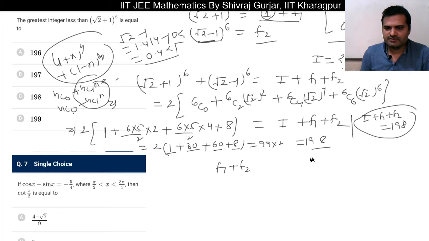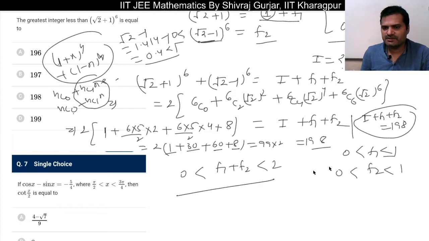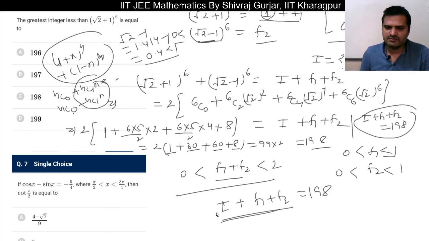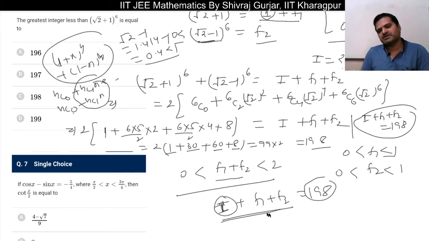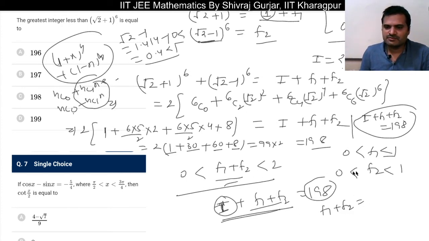We know that f1 is between 0 and 1 and f2 is also between 0 and 1. So f1 plus f2 will lie between 0 and 2. From here we can say I plus f1 plus f2 equals 198, meaning this whole term is an integer, but I is already an integer. The difference of two integers is also an integer, meaning f1 plus f2 has to be an integer. Now between 0 and 2 only one integer is possible, that is 1. So f1 plus f2 has to be 1.